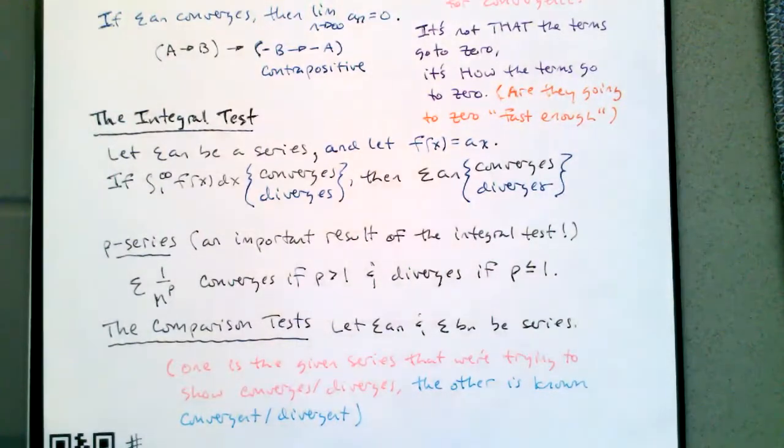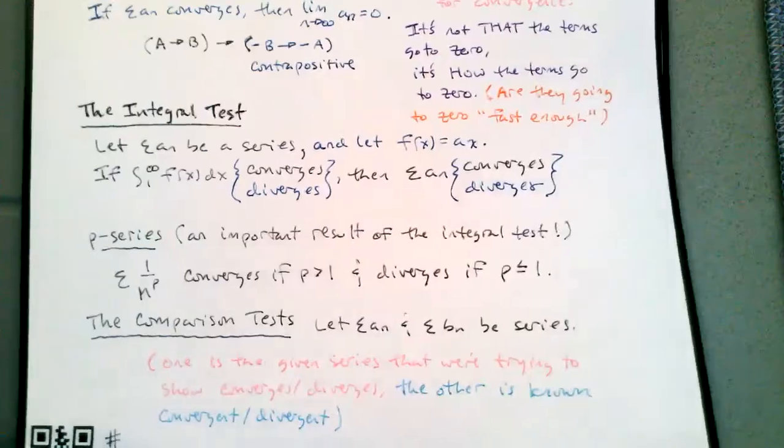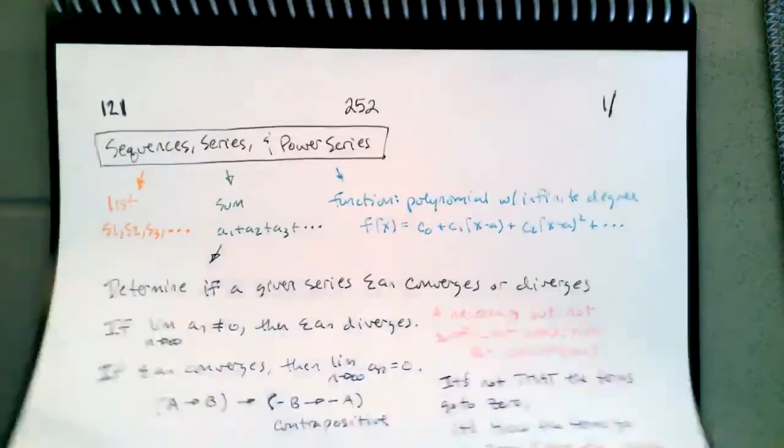So we're taking our given series and comparing it to something that we know. And there are two versions of this. One is a direct comparison and one is the limit comparison. So let's take a look at that.